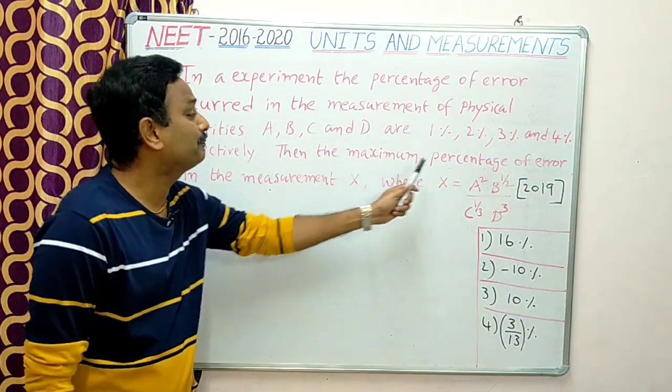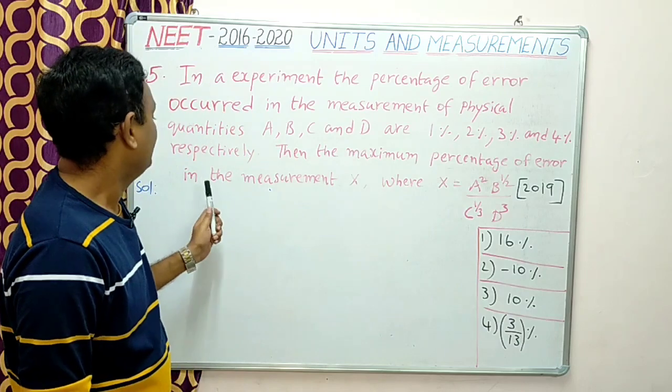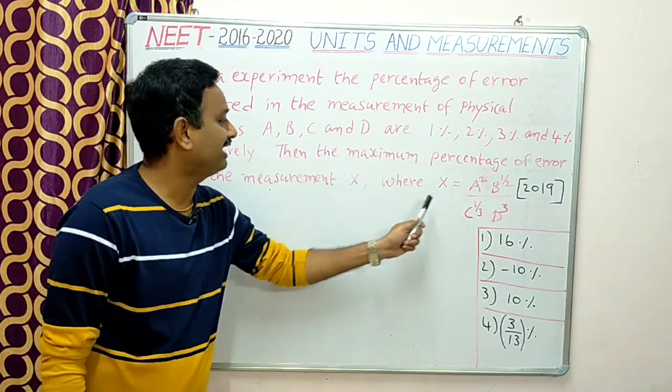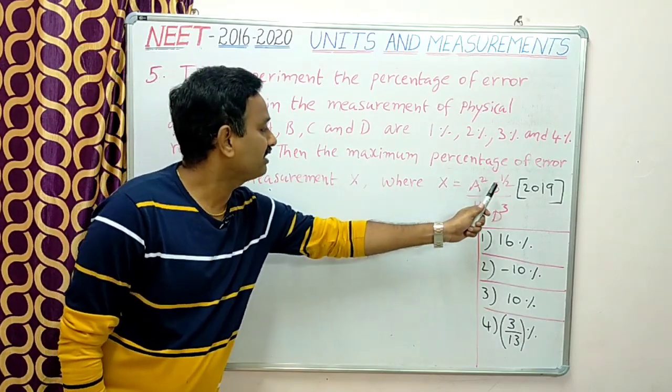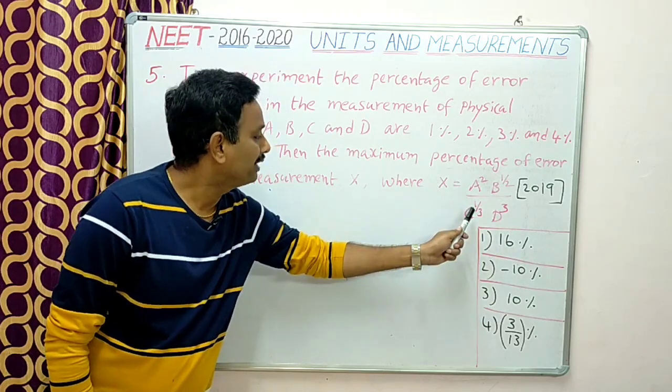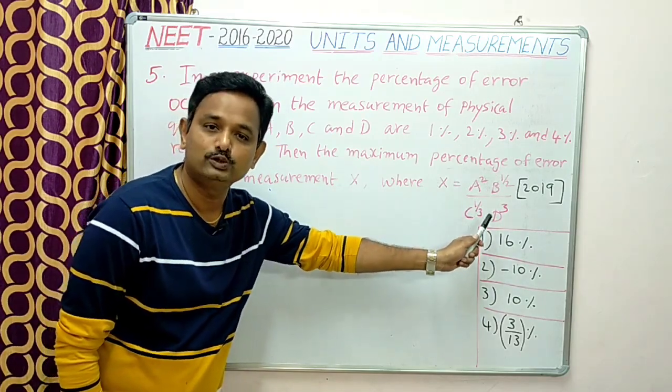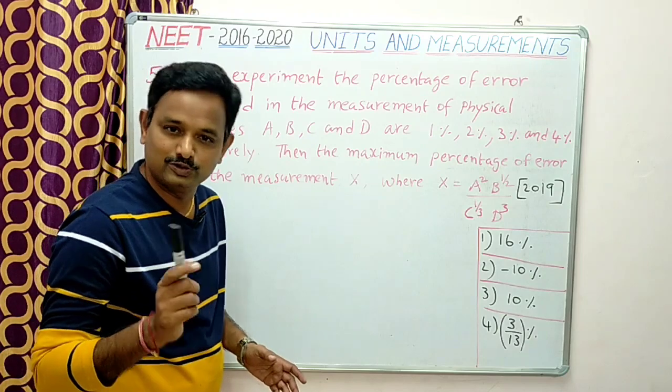Then the maximum percentage of error in the measurement of X, where X equal to A square B power 1 by 2 by C power 1 by 3 into D cube. We will do solution. Look at here.